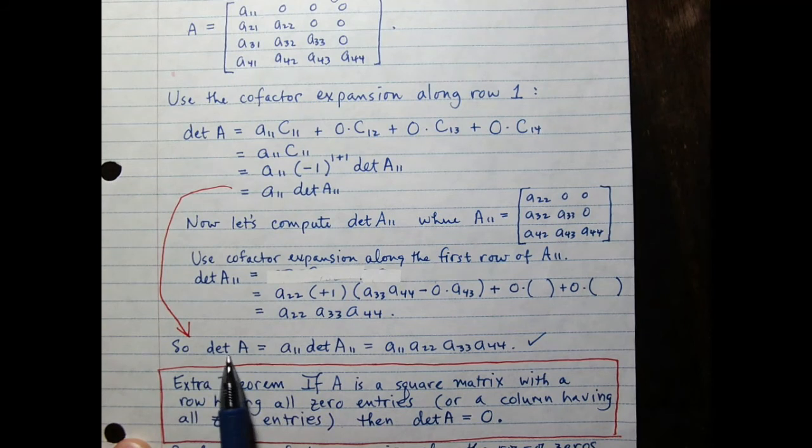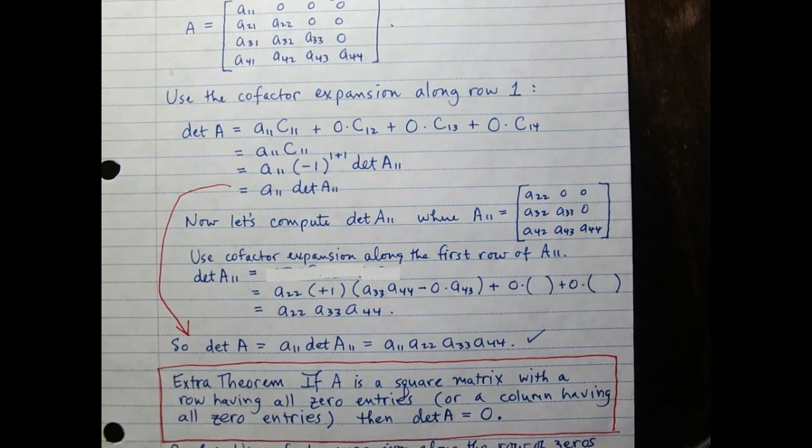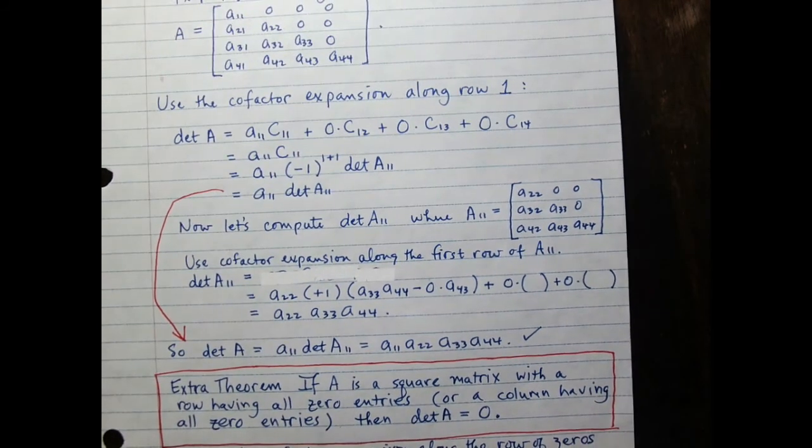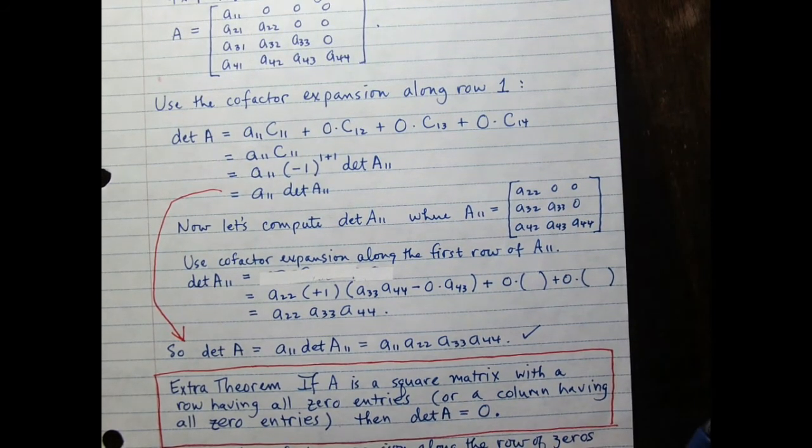So the original determinant we wanted is just A11 times A22 times A33 times A44. That's true for any triangular matrix. The determinant is particularly easy to calculate. We just multiply the entries on the main diagonal.